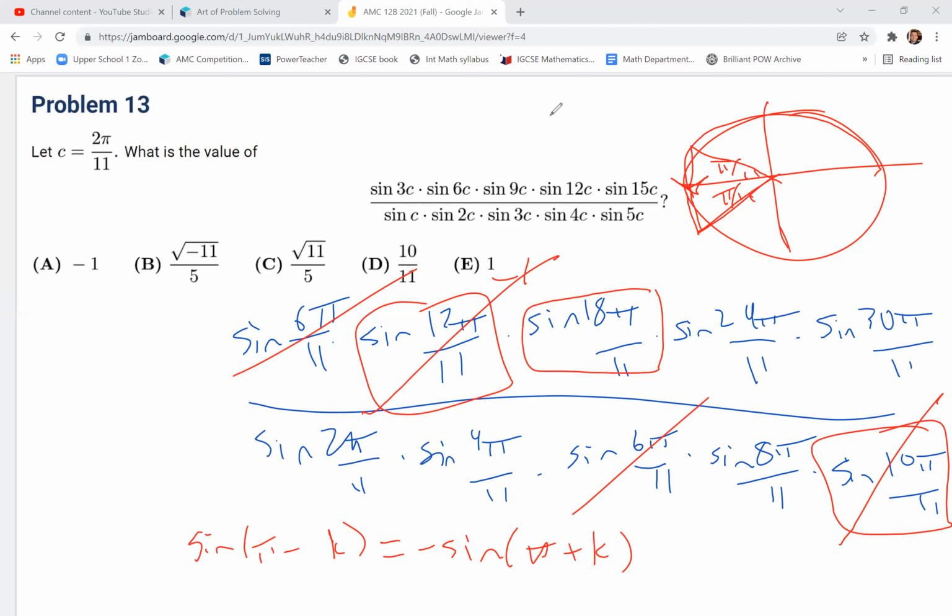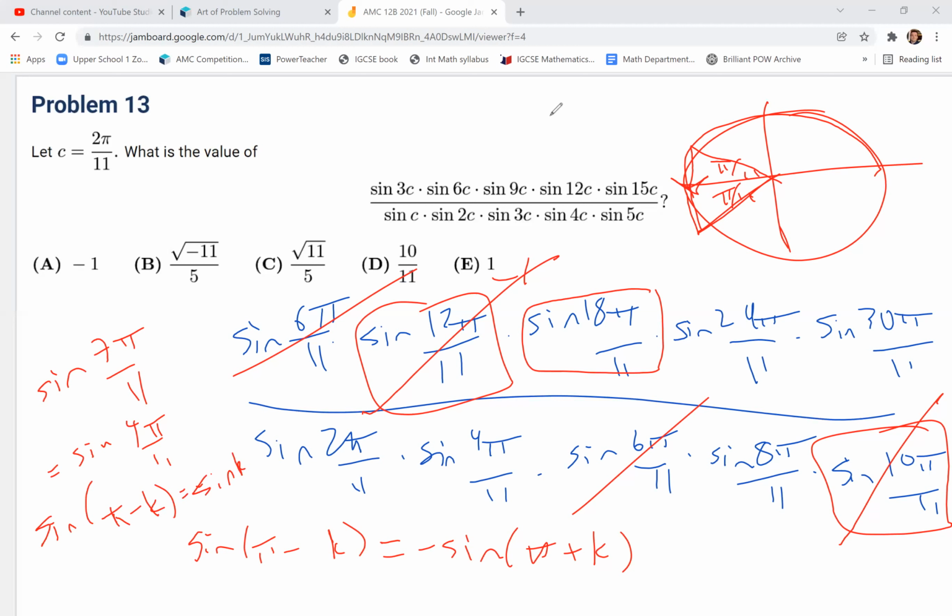So notice how sine 7 pi over 11 would have the same value as sine 4 pi over 11, and that's because sine of pi minus k is equal to sine of k, which is because they would be on the same side of the x-axis.